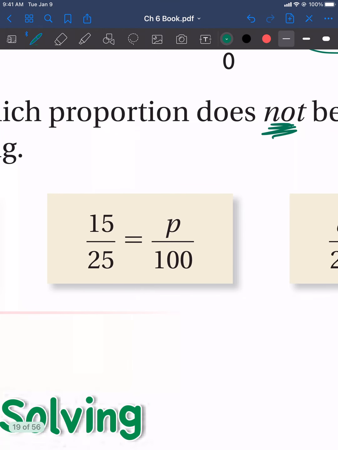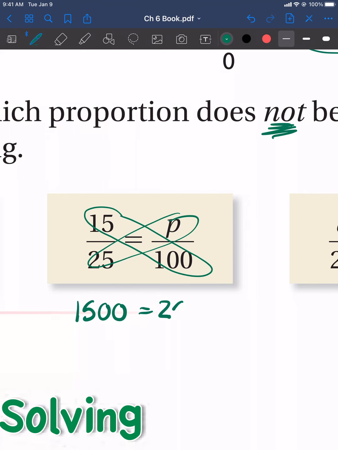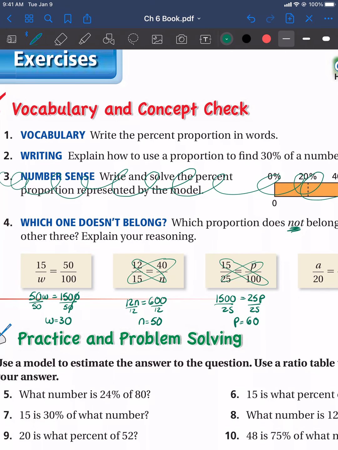Let's keep going. 15 times 100 is 1,500. 25 times p, divide by 25, divided by 25 is 60. Ooh, yet another very different answer. So let's keep going.